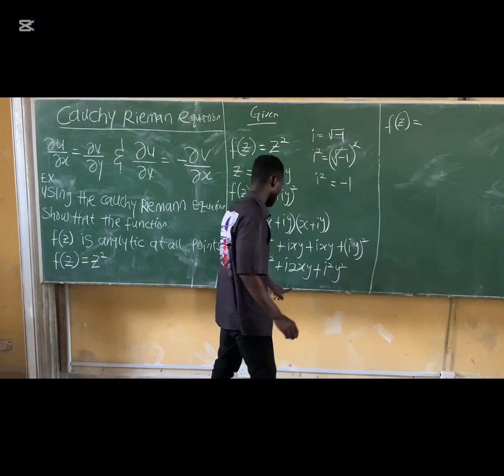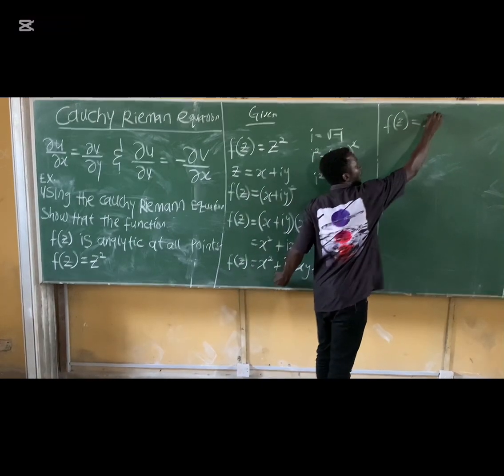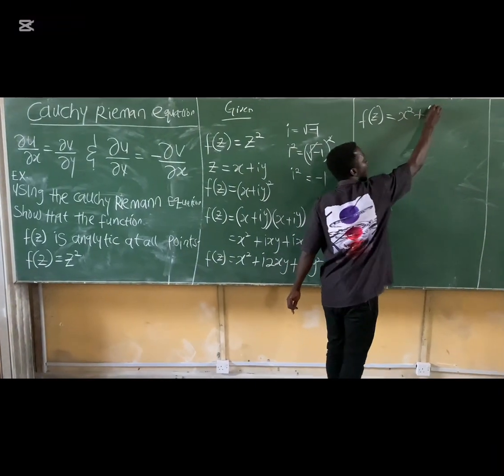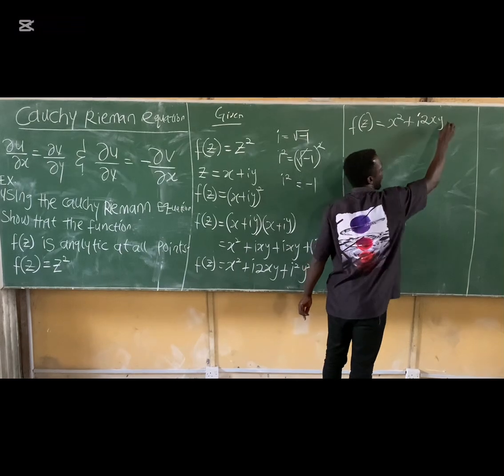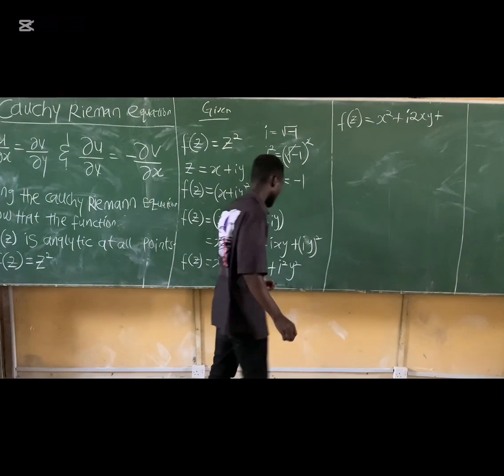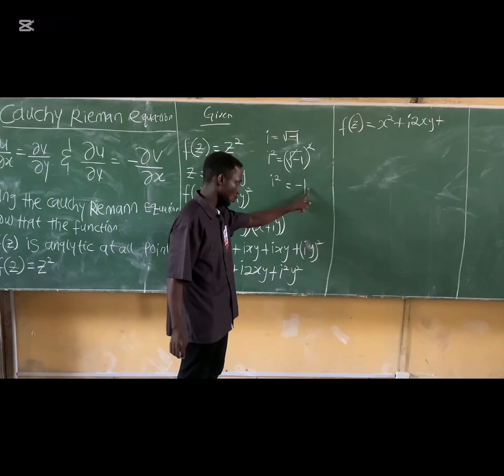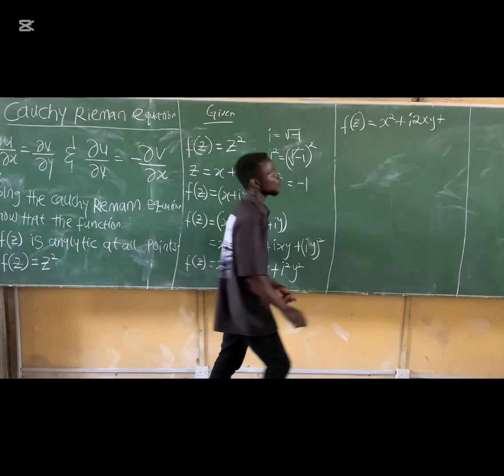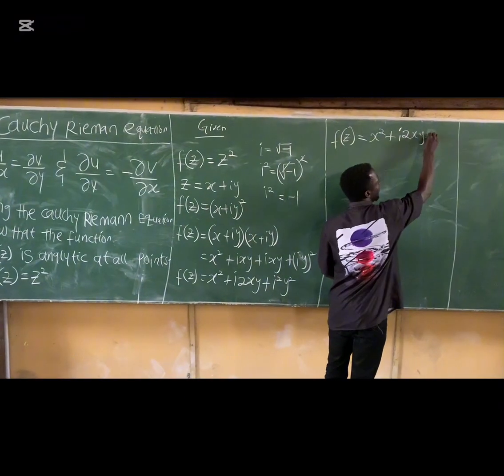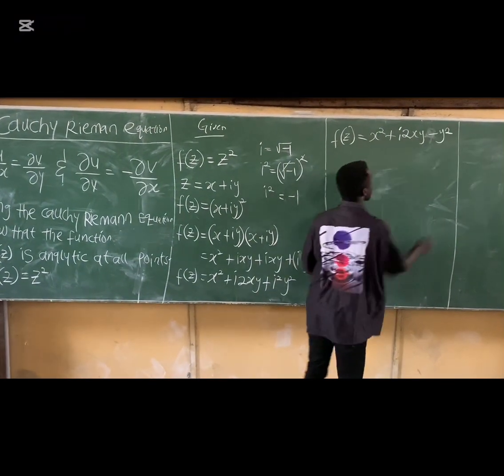So therefore, our f of z will be equal to x squared plus i2xy plus, remember we said i squared becomes minus 1. So minus 1 times y squared becomes minus y squared.